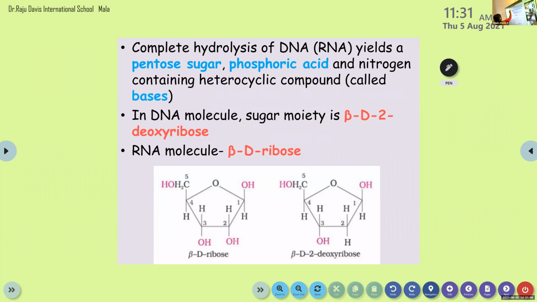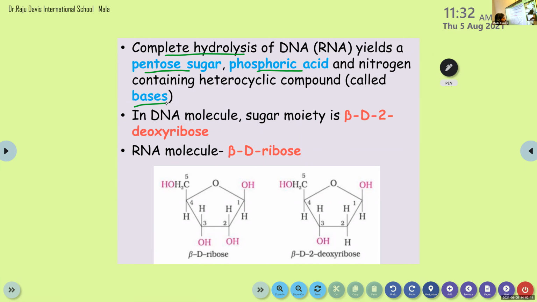Then the complete hydrolysis of this DNA or RNA yields a pentose sugar, phosphoric acid and a nitrogen containing heterocyclic compound called base. That means DNA is made up of mainly three units: pentose sugar, phosphoric acid and one base. Base means one nitrogen containing heterocyclic compound.